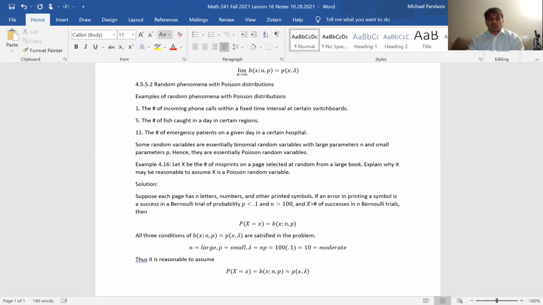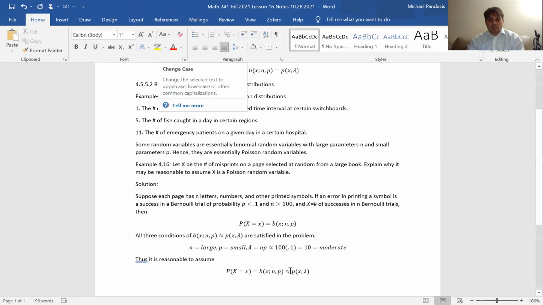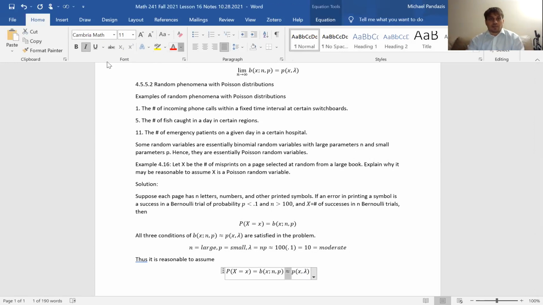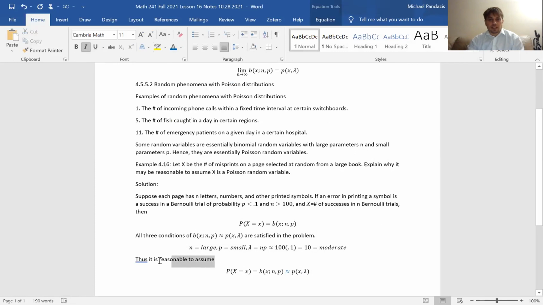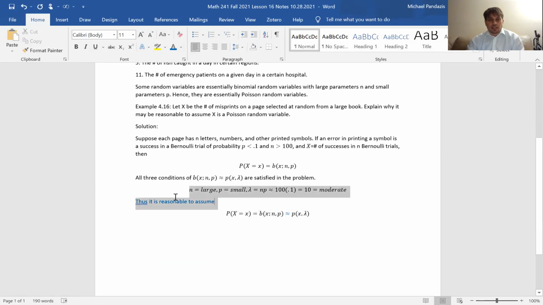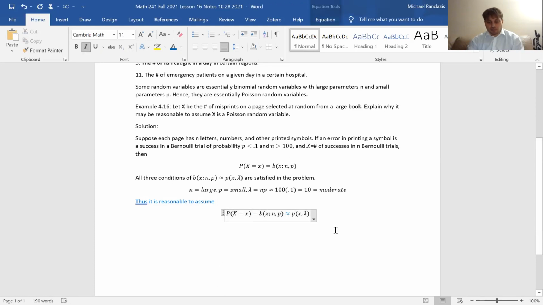Okay. And so this is the conclusion. This is the thing that we are assuming: that approximation. So the probability is approximately the Poisson distribution.